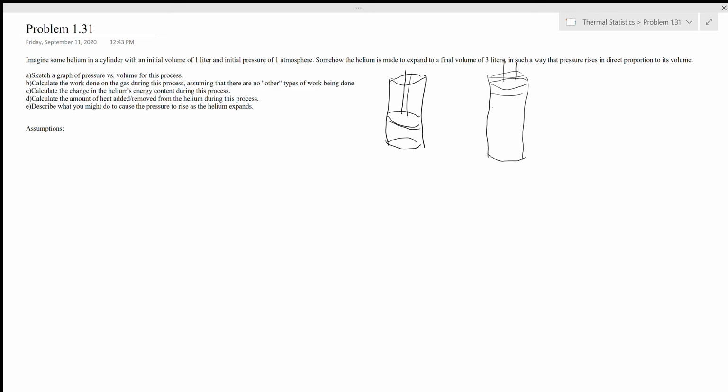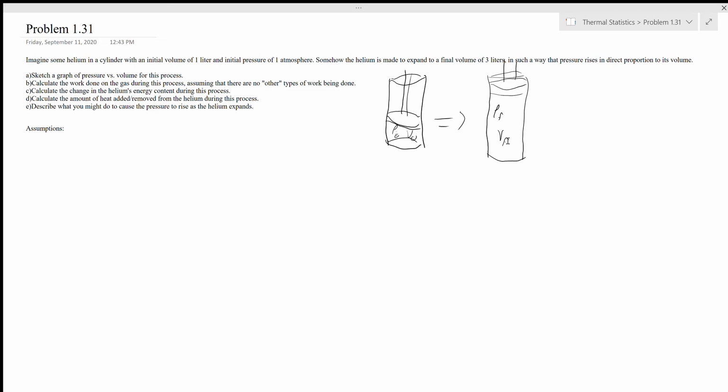So this will be P_f and volume V_f and pressure, and this is P naught and V naught. So the cylinder goes from this image to this image over here.